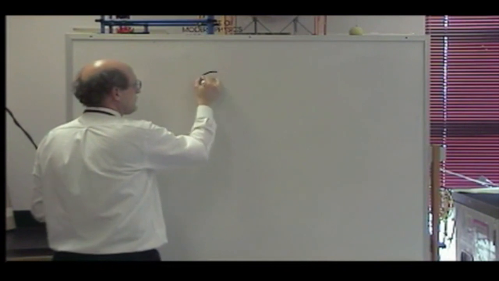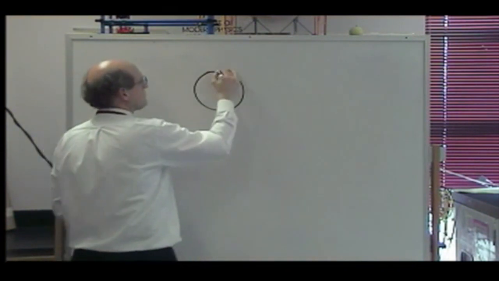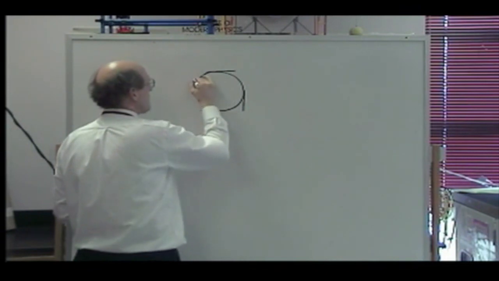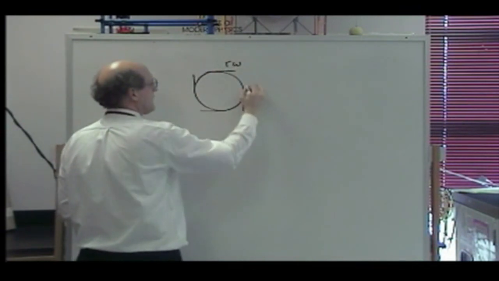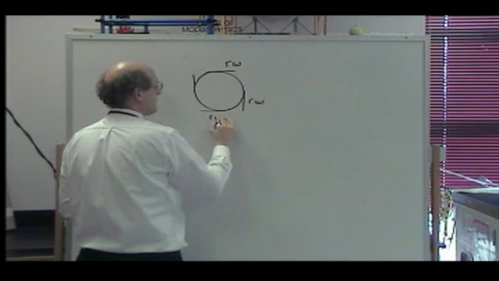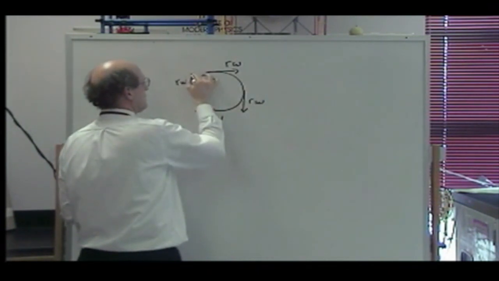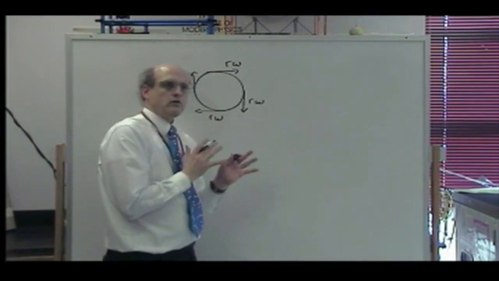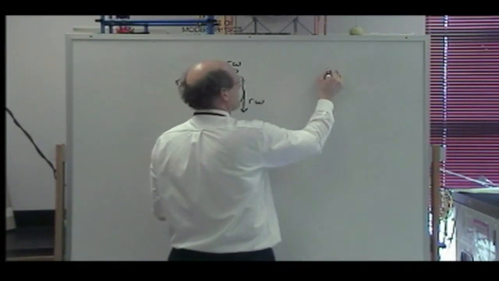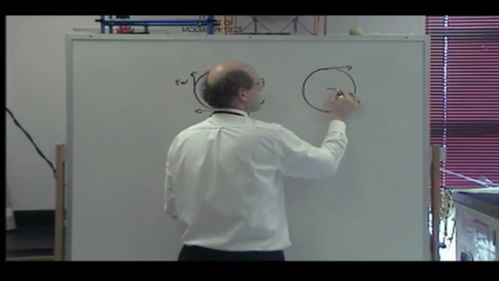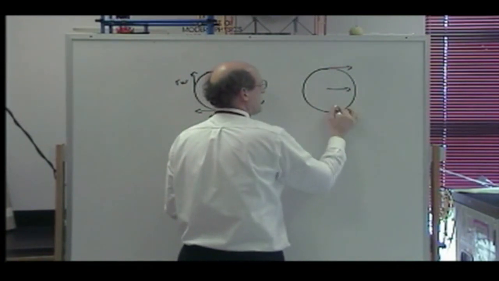Now, a wheel in pure rotation has its perimeter traveling at r omega. A wheel in pure translation has every part of it traveling at r omega.